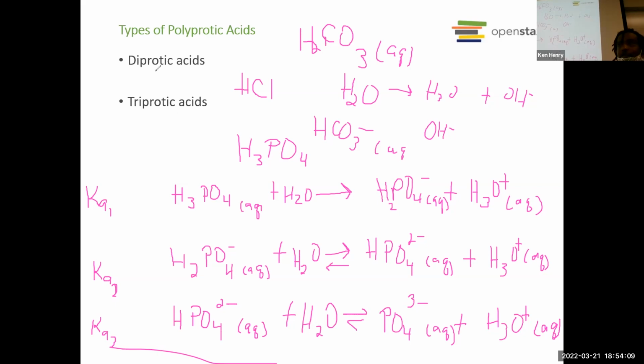And methane, when you put it in water, it doesn't make an acid. That's one of those that doesn't. So H4C, which is CH4, methane, does not exist as an acid. Carbonic acid does exist temporarily, but then it breaks down to carbon dioxide.